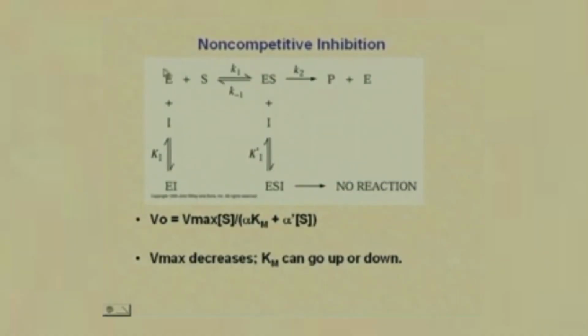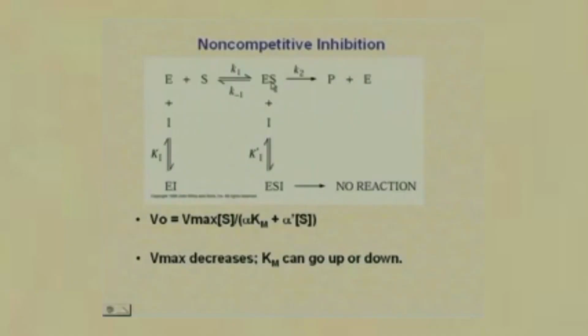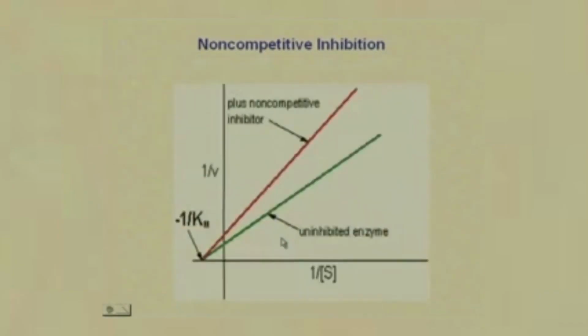If the total enzyme is available at some point or the other, then I can form the product. But if I have inactivated the enzyme in a fashion that it is not available for formation, then I will have a Vmax decrease. What does that look like? This is what it is going to look like. The Km usually is the same.